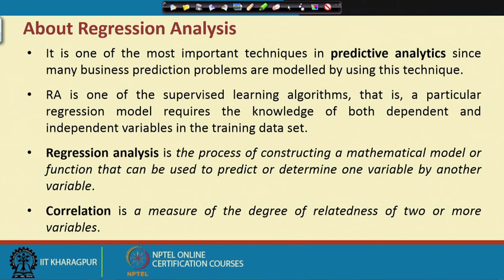Correlation is a measure of the degree of association of two or more variables. Compared to regression analysis, correlation is not so effective for predictions, but regression is a useful technique for prediction.